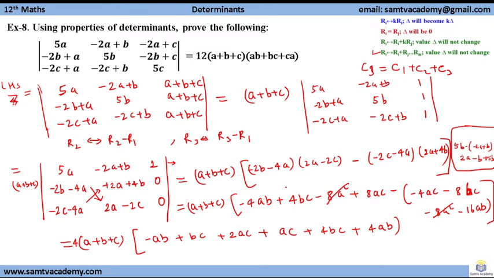I think I have not made some mistake here. I have taken 4 common. Okay, I have not taken from here common.